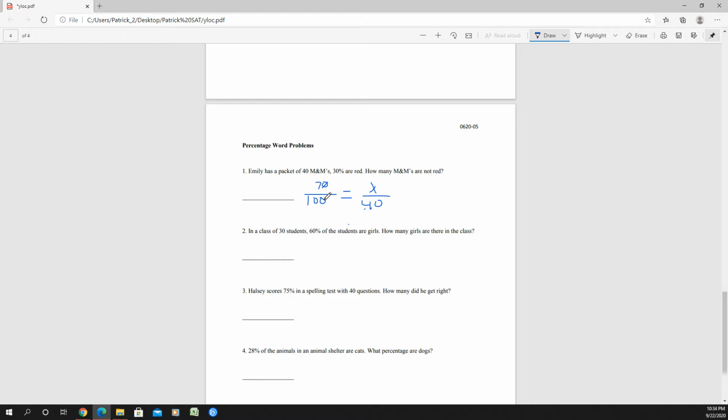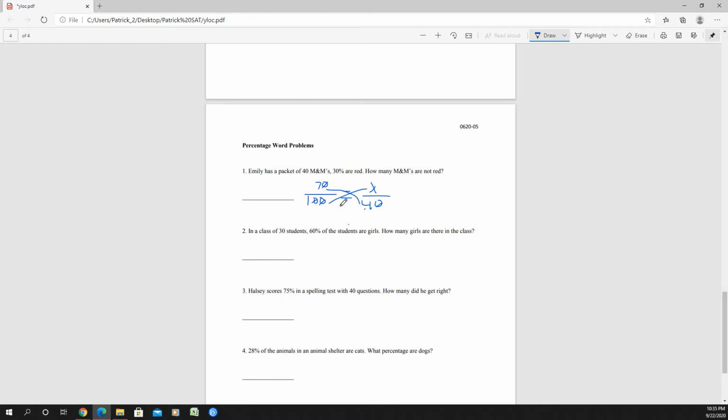So now we're just going to simplify. Now when you want to simplify, you can only simplify up and you can only simplify across. You can't simplify diagonally because you're going to be multiplying diagonally. When you multiply, you're going to be multiplying like this. So 1 times x and then 4 times 7.